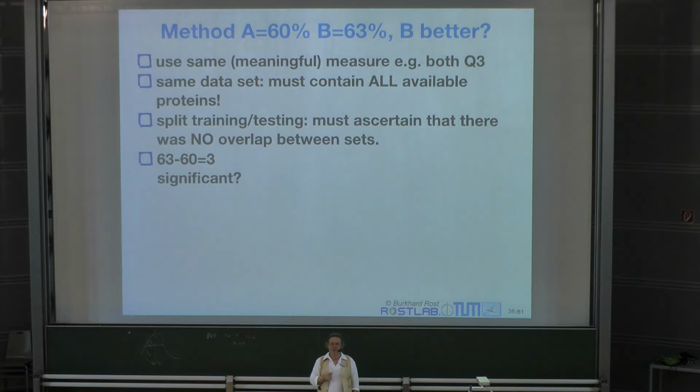Size of the data set is important, but the whole number of all the proteins that we know or we want to know? Yes, but now you're getting into that. I will get back to that.